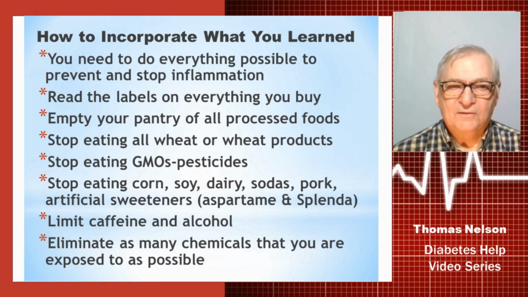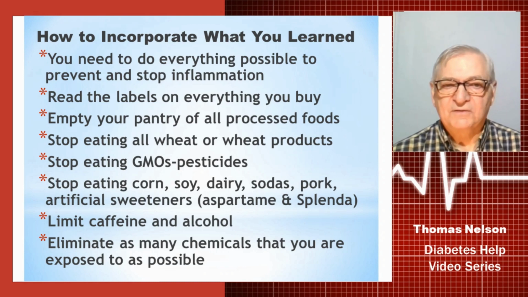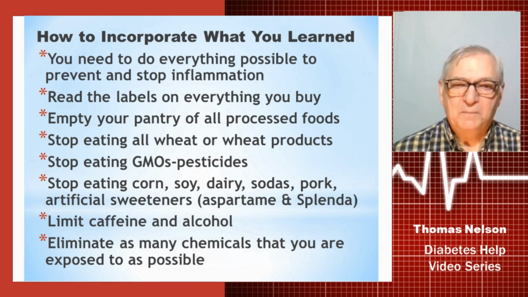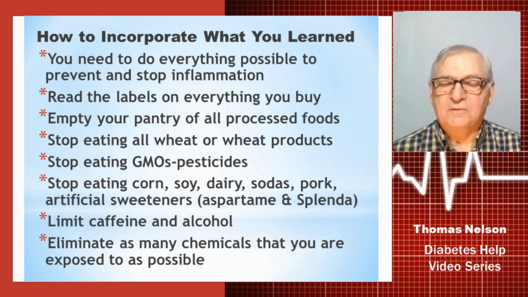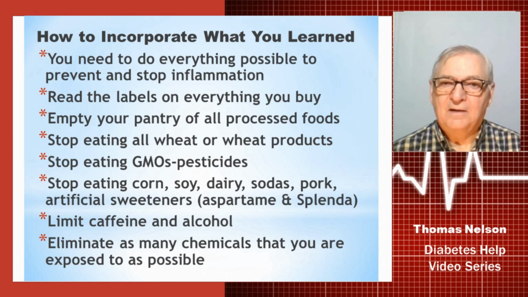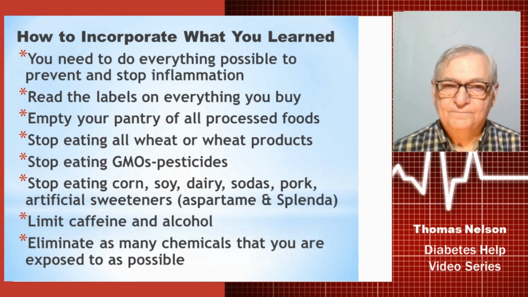Stop eating corn, soy, dairy, sodas, pork, and artificial sweeteners, especially aspartame and Splenda. Limit your caffeine and alcohol. Eliminate as many chemicals in your life as you possibly can. Buy natural, earth-friendly cleaning products, and there are all kinds of products on the market that do not contain all of these dangerous chemicals.